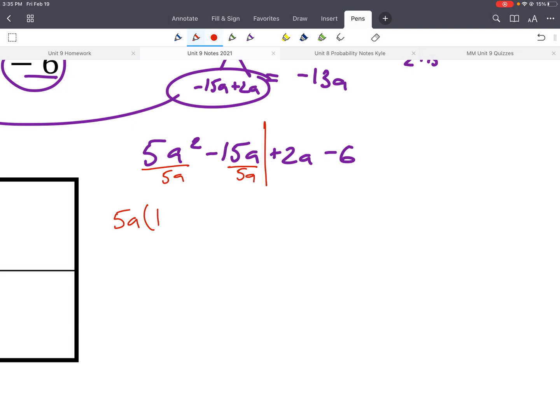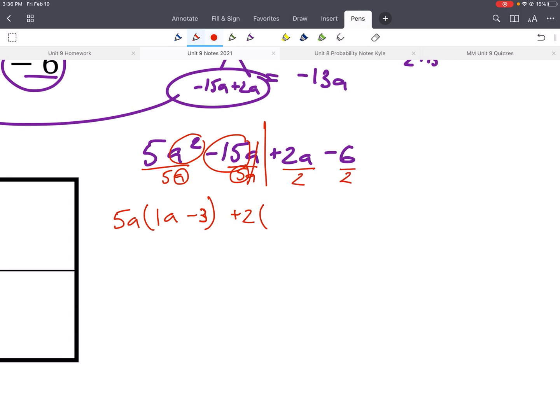So 5 over 5 gives you 1. And we have 2 a's, and we take away 1. That leaves us with 1a. And then negative 15 divided by 5 gives you a negative 3. And those a's cancel. On the right side, the greatest common factor, it looks like we could take out a 2. And so that means we need to divide everything by 2.